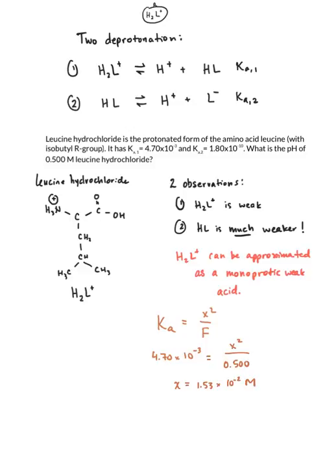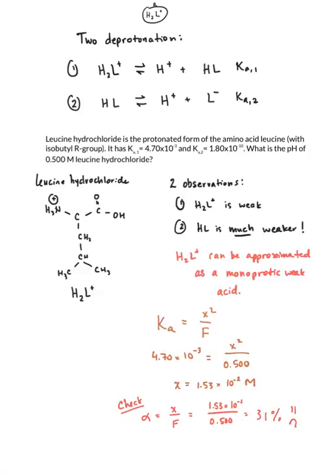All right, just like normal, we'll check to make sure that our assumption works out appropriately. Calculate alpha, that's X over F, 1.53 times 10 to the minus 2 divided by our molar concentration of leucine hydrochloride ends up as 31%.